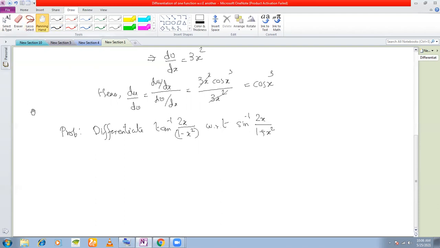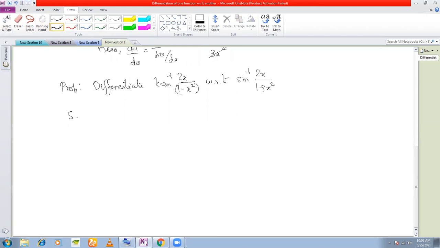Okay, so here again we take the functions as u and v. Let u be equal to tan inverse 2x by 1 minus x square and v be equal to sin inverse 2x by 1 plus x square.